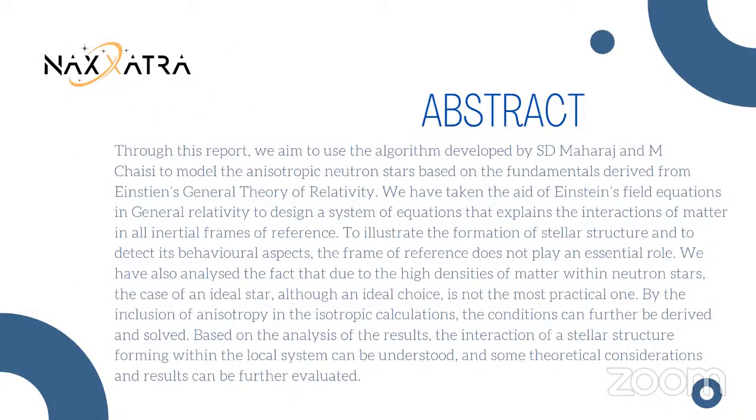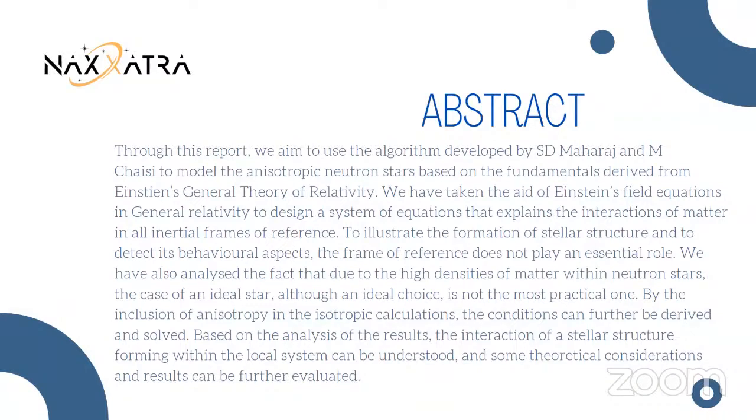Okay, so this is the abstract. Through this model, we aim to use the algorithm which has been developed by S.G. Maharaj and M. Chaisi to model the anisotropic neutron stars based on the fundamentals that have been developed through Einstein's theory of relativity. We use the field equations of relativity to design a particular system of equations that helps explain how matter behaves in all inertial frames of reference.